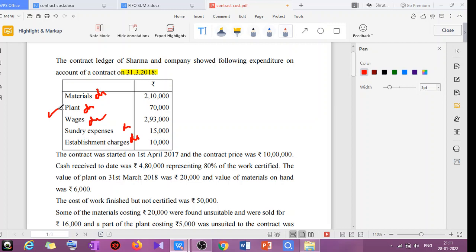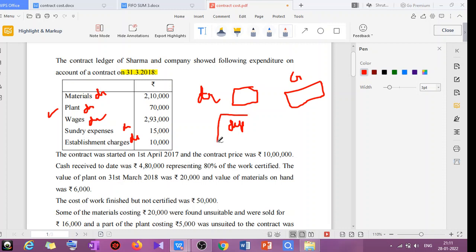Regarding the plant also, in the previous classes I have explained why we have to write the plant in the debit side of the contract account. Because in the debit side we'll be writing the cost of the plant, and in the credit side we'll be writing at the end of the year what is the value of the plant. It means the difference is treated as depreciation, and depreciation is an expense, so we write it under debit side.